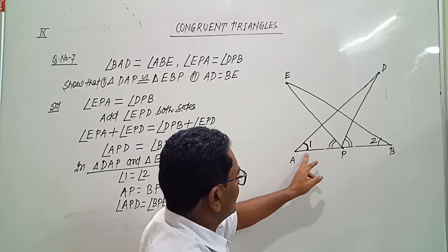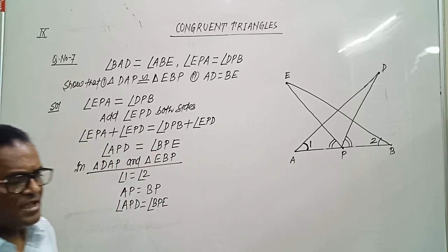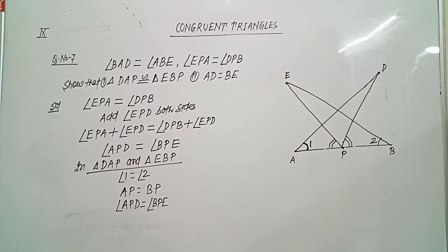So angle, side and angle, by ASA these two triangles are congruent.